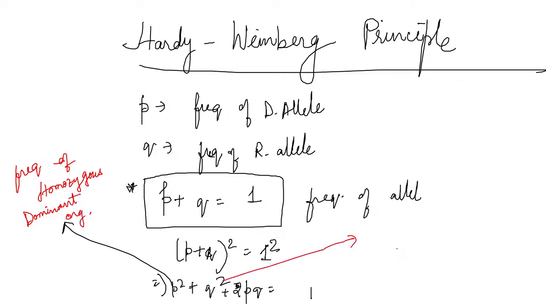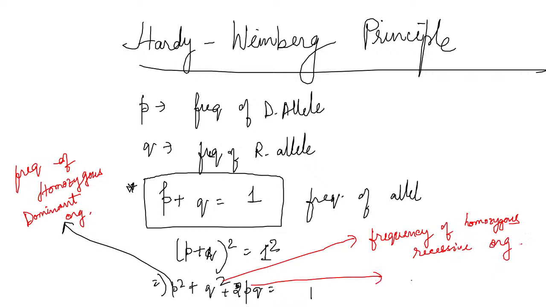This one is the frequency of, yes, again homozygous recessive organisms, and this one is the frequency of heterozygous organisms. Okay.